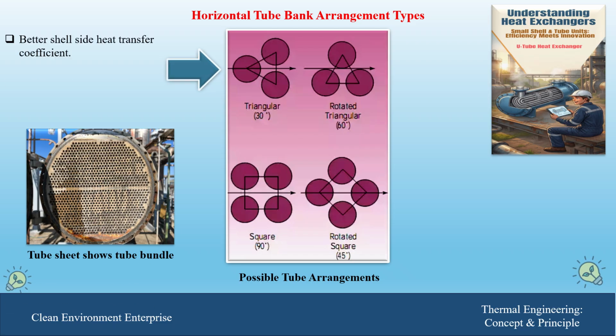These two types are preferred in tube bundles where we can have a higher heat transfer coefficient when compared to other arrangements, and we may accommodate about 15% more tubes in the same size of the shell.